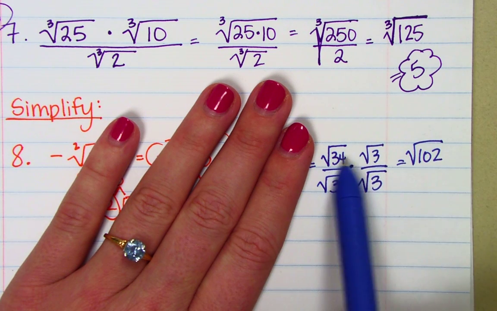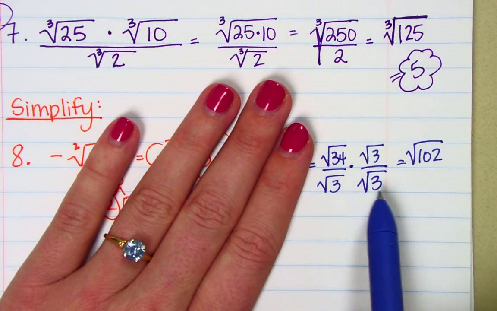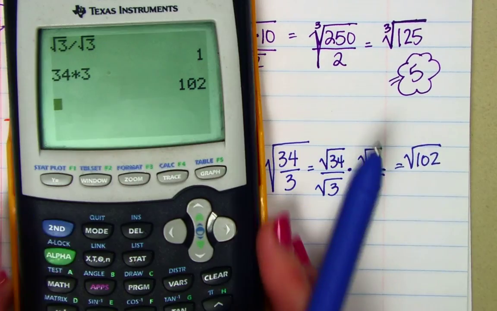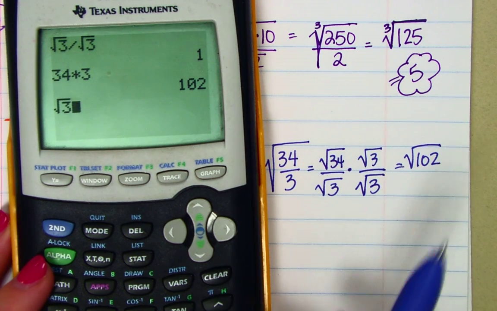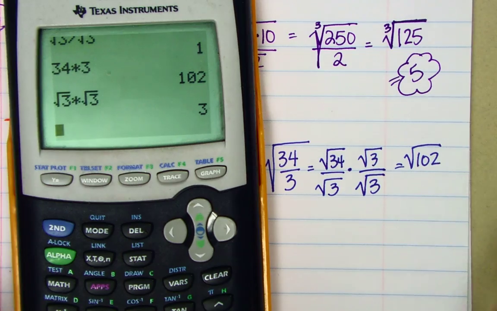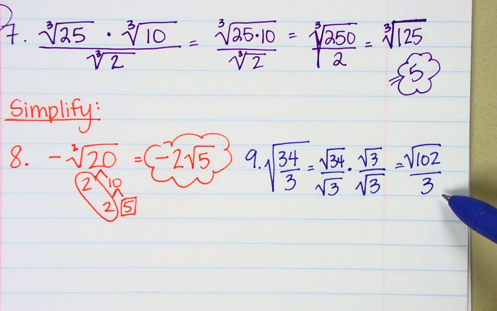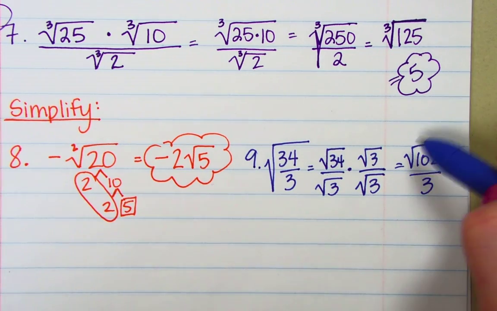So if we multiply top times top, 34 times 3 is 102. Square root of 3 times square root of 3 is 3. It gets rid of the square root. And it leaves us without a radical on the bottom, which is what we need. Radical on the top is okay.